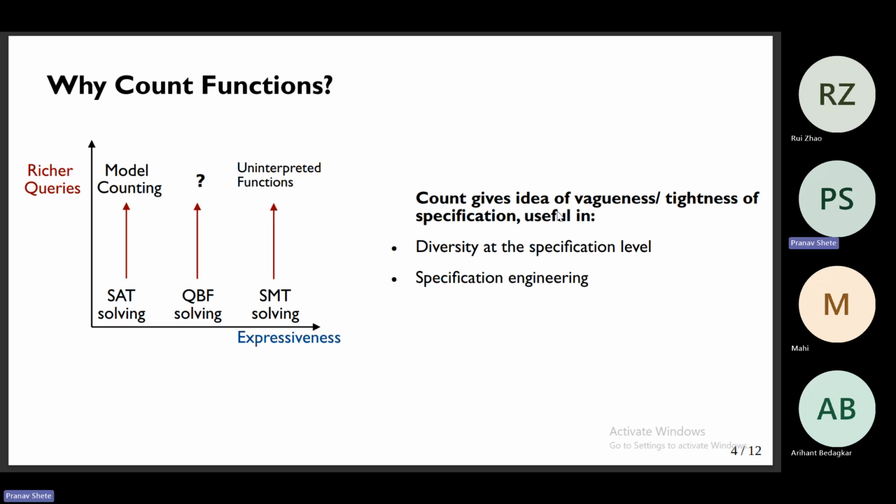In the field of specification engineering, where you have an engine and you want to know the specification of that engine, this number can be useful because it gives you a way to make the specification tighter or more restrictive.